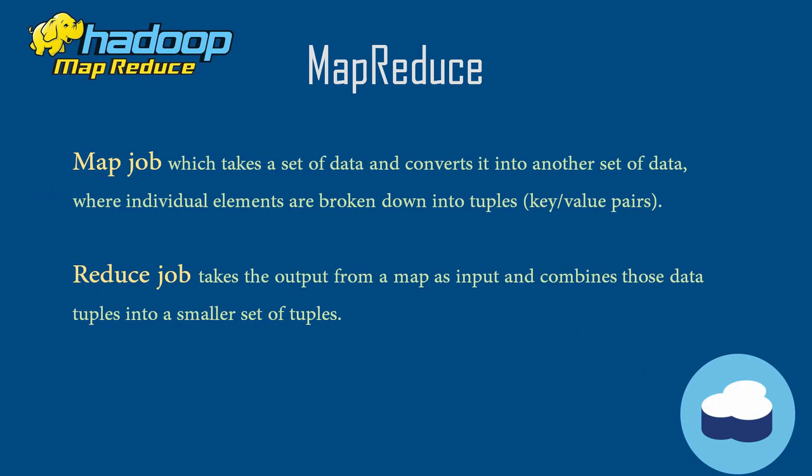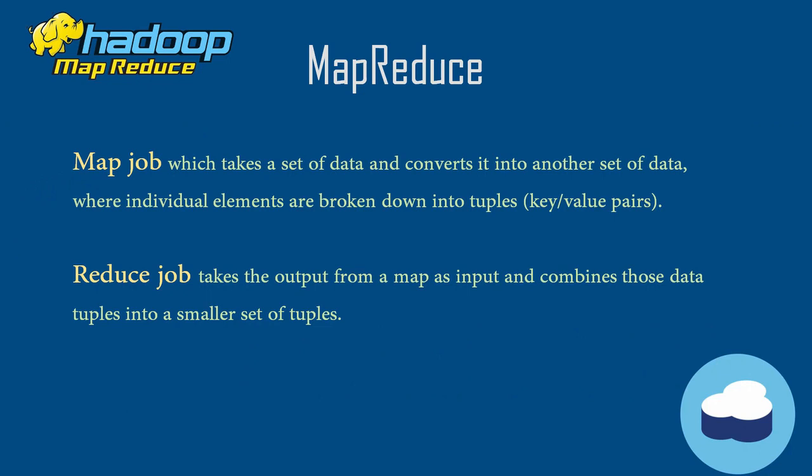So the arrangement requires two phases. The map phase, which divides the data into various chunks or key tables. Then it has a reduce phase, which recombines those divided data into a formatted alignment. It works with a divide and conquer methodology. It consists of two jobs, the map job and the reduce job.